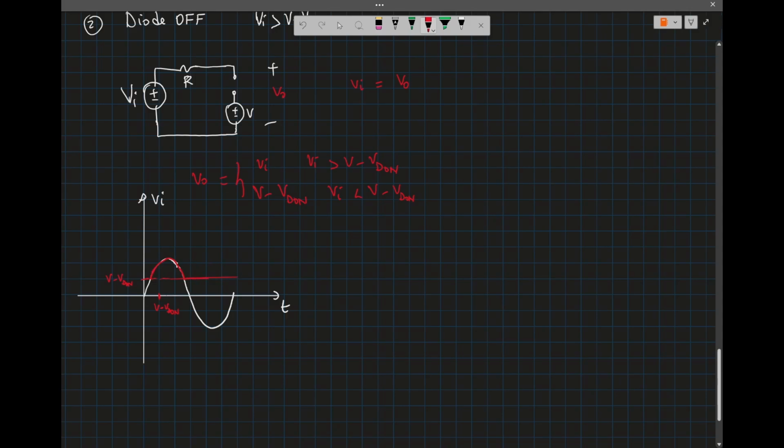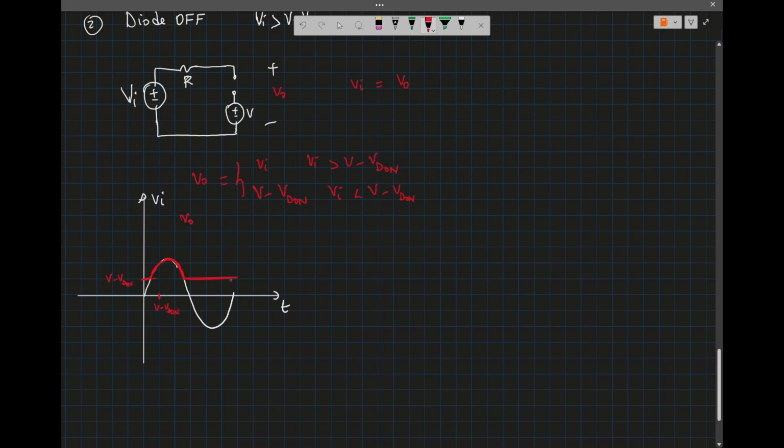So that would be the output voltage in this case. So that's the output voltage V0.